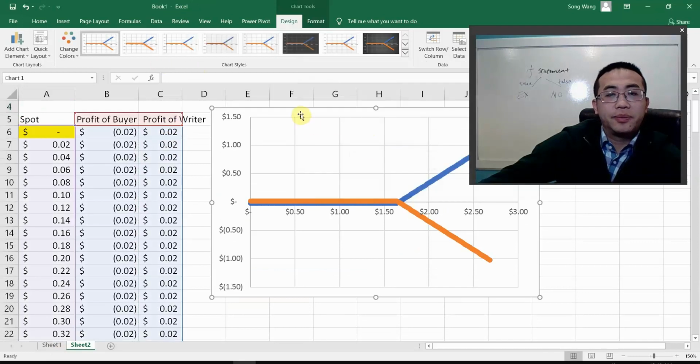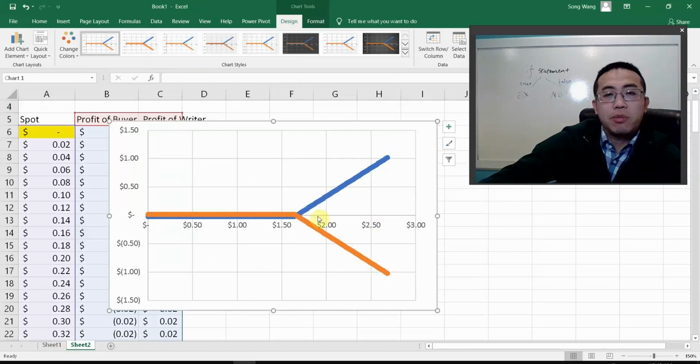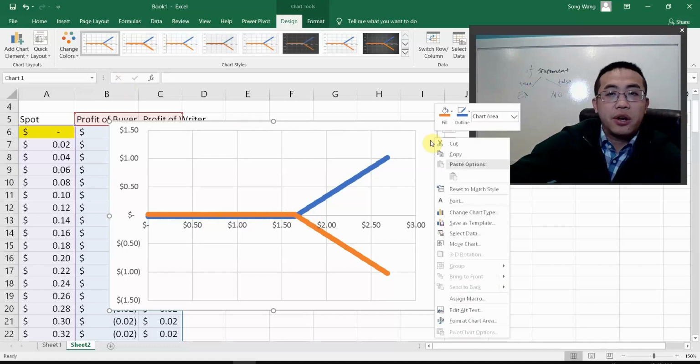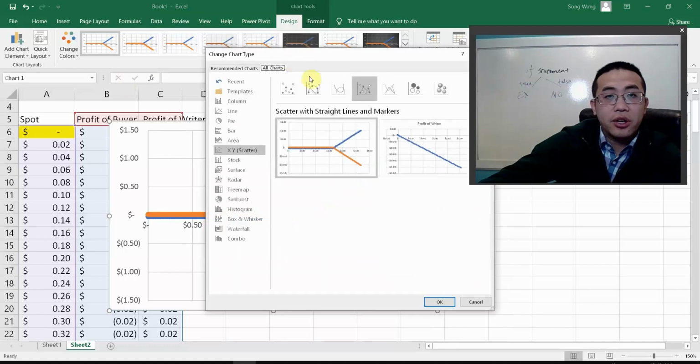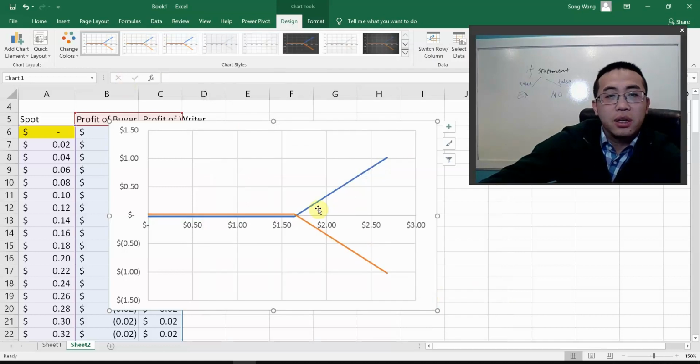As you can see, the buyer's profit and the writer's profit mirror each other. It's symmetric. And when you add them together, it's a zero-sum game. Maybe I want to change the chart type to a scatter chart with smooth line, without markers.